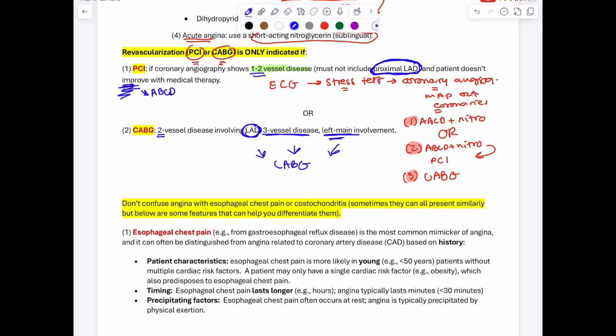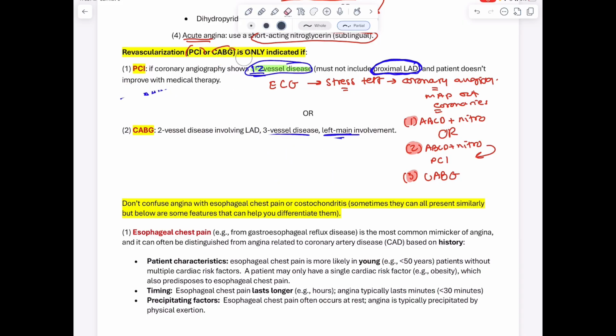Just because having these involved is going to put the patient at a lot of risk for sudden cardiac arrest at some point because of an MI. So we want to kind of get ahead of it. So they do a CABG right away, and then we just do a PCI for just 1 to 2 vessels that are not proximal LAD.